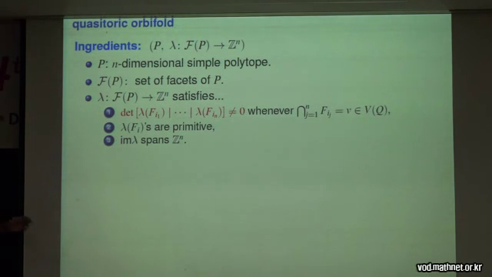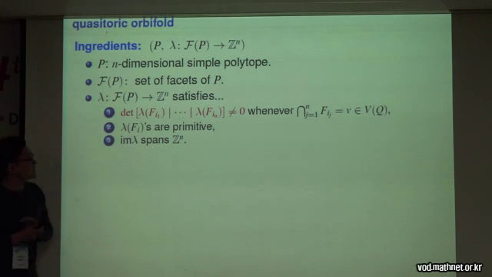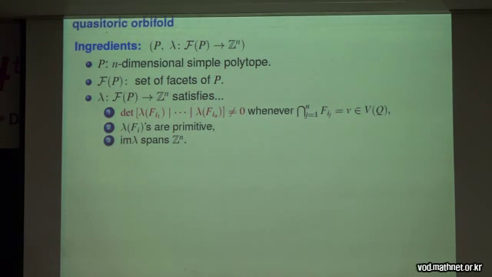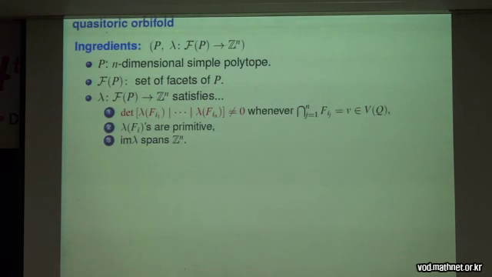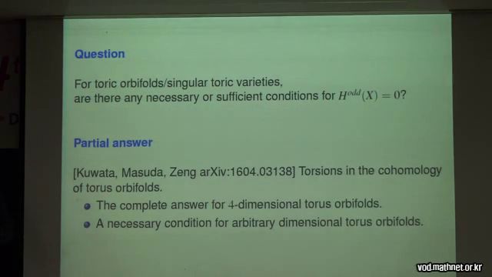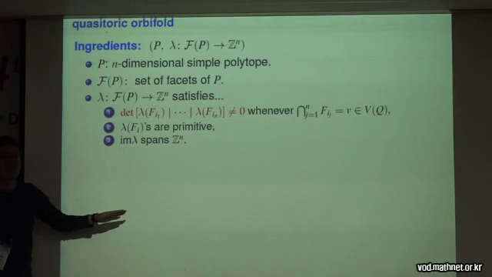And this is just for technical reason. And this condition is for at least we pass this necessary condition. So the necessary condition corresponds to whether this image of lambda spans the whole lattice or not.